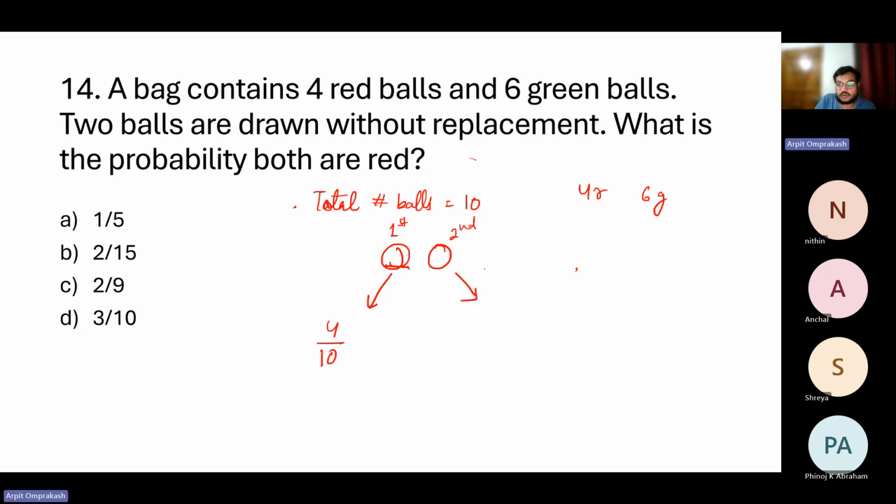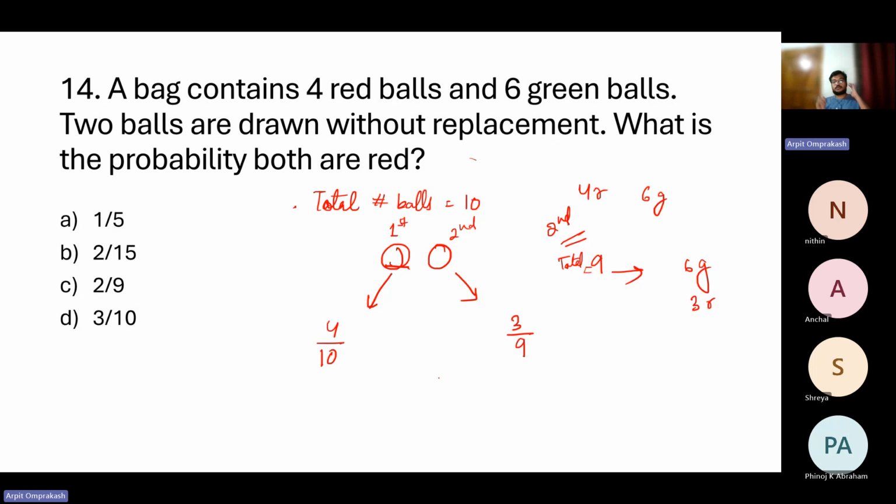So now we have a total of 9 balls because one of them is gone. Out of the 9, 6 will again be green because no green ball was taken out, and 3 will be red. So the probability of getting a red ball on the second turn is 3 by 9.